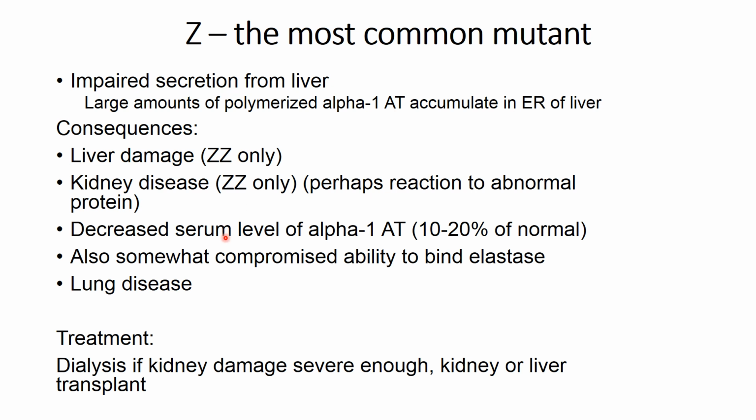So some of these Z mutation proteins are released from the liver, but it only gives 10 to 20% of the normal circulating protein level. And also this mutation somehow compromises the inhibitory function of the antitrypsin. This leads to lung disease.